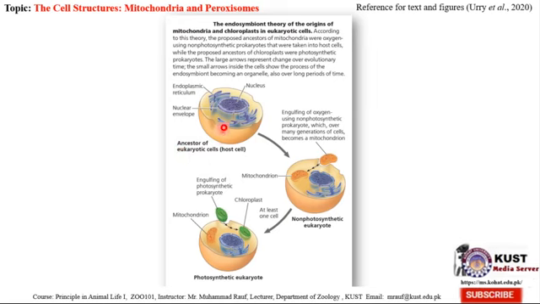Then this ancestor of eukaryotic cells engulfed an oxygen using non-photosynthetic prokaryote, which over time became mitochondria, and so this was the beginning of the eukaryotic cell of animals. Then some of these cells engulfed photosynthetic prokaryotes. So this was the beginning of the eukaryotic cells of the plant.